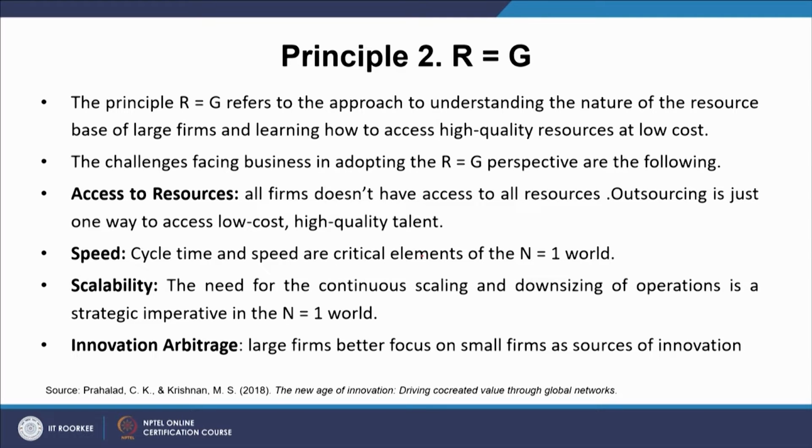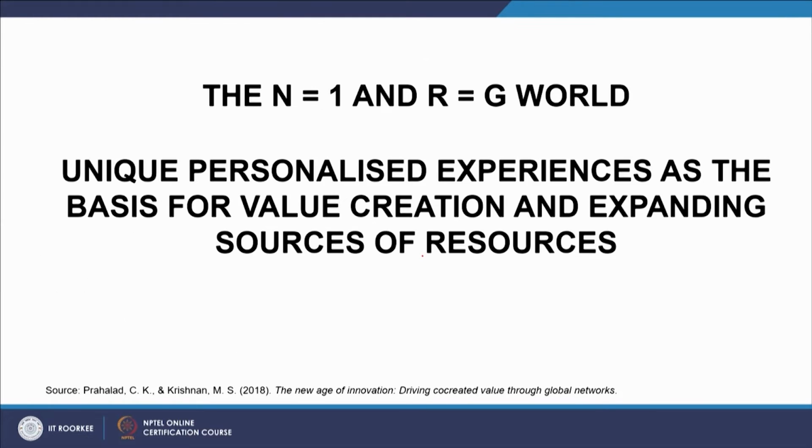The challenges faced by business in adopting the R = G perspective can be categorized as access to resources, speed, scalability, and innovation arbitrage. The N = 1 and R = G world is related to unique personalized experiences as the basis for value creation and expanding sources of resources.